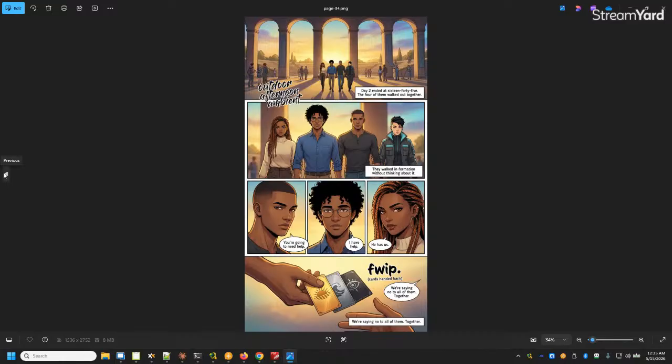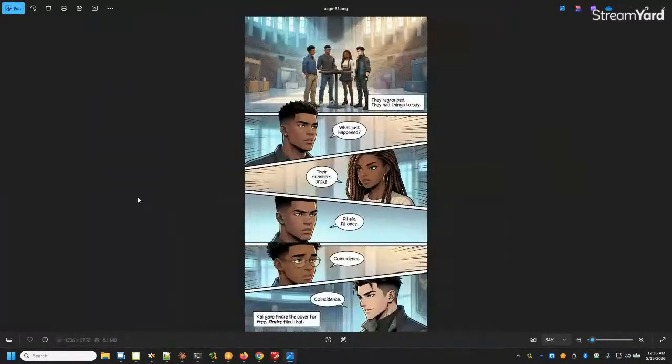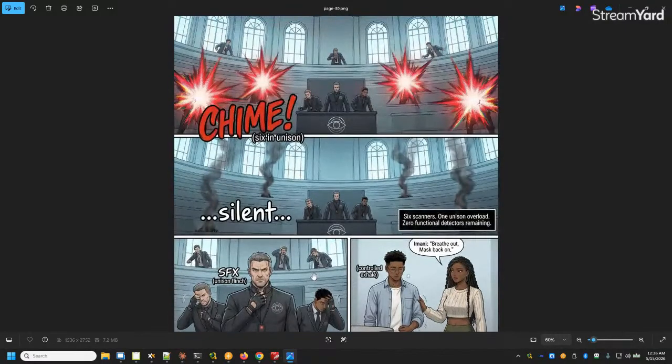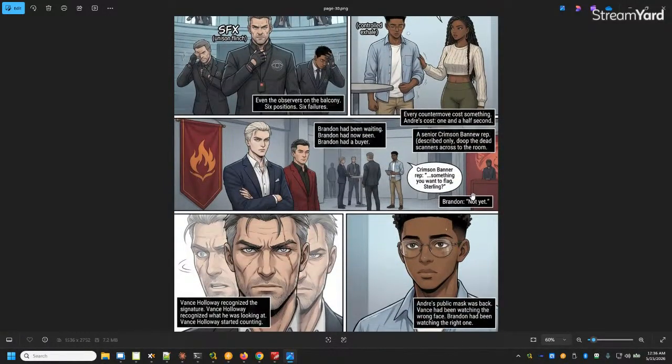I don't know why Brandon is not telling anyone, because he's on the Crimson's team, and he hasn't told anyone that he highly suspects Andre, like the Sentinel Order does. What is Brandon? What does he want? Because he hasn't stated what he wanted yet. This is the most confusing thing, because I don't know if these are people or just scanners. It looks like people. Anyways, that's where we're at with that.